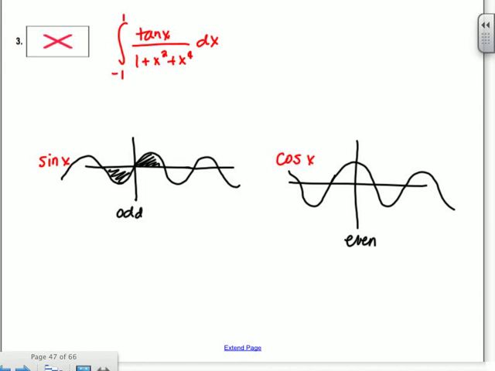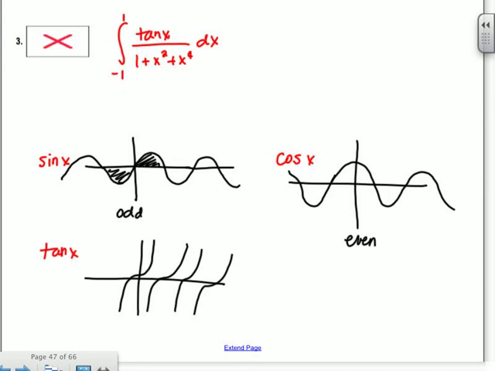Even. Right? Like a parabola, it's symmetric about the y-axis. Why is that even? Because it's like a parabola, it's symmetric across the y-axis. That's what it means for even.